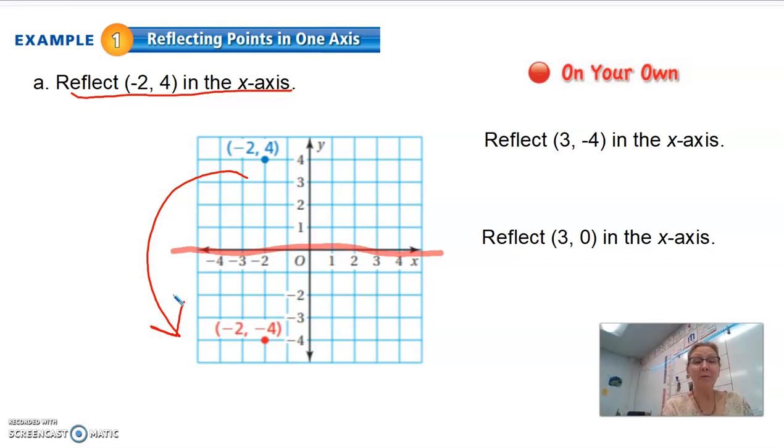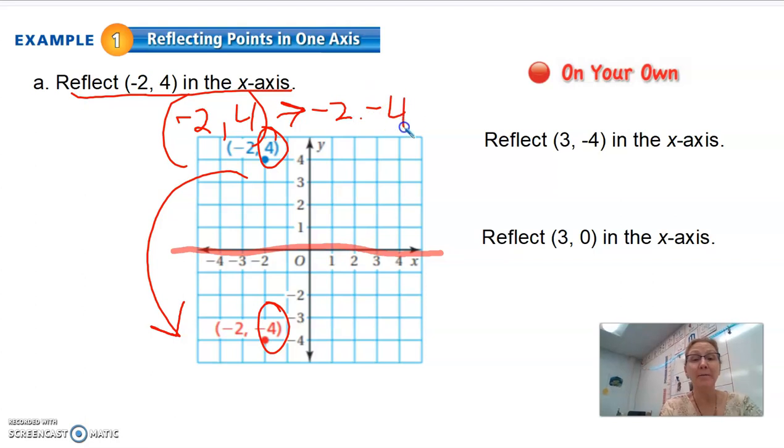And it is down where the y value went from positive to negative. So the new point is (-2, -4). And so I write it like this: (-2, 4) is reflected to (-2, -4). That's some fancy language to use when you're writing about how a reflection starts out and ends up.